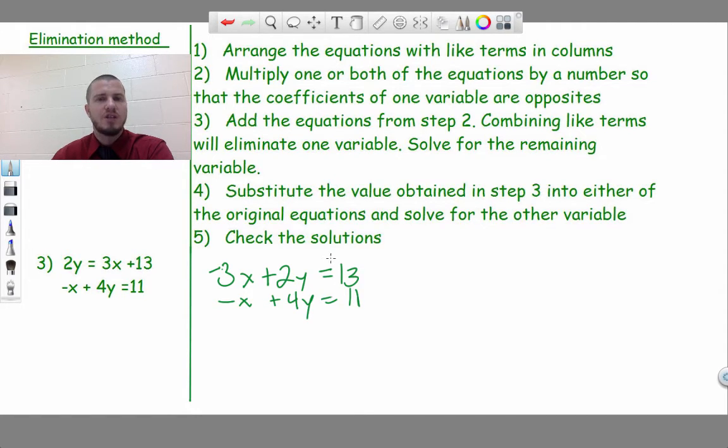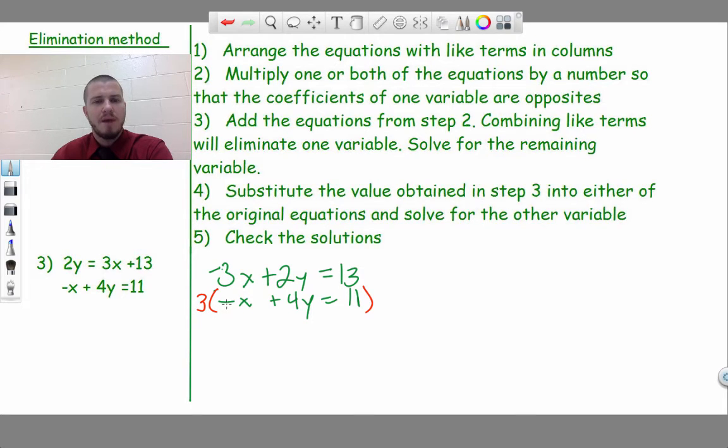The equal sign should be matched up as well. Now, when I combine these, none of them cancel out. So what I'm going to have to do is either cancel the x's out or cancel the y's out. You can do either one in this case. I'm going to choose to cancel out the x's because this is a 1 or a negative 1. It makes it easy. I'm going to multiply it by 3.